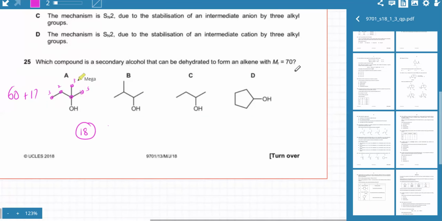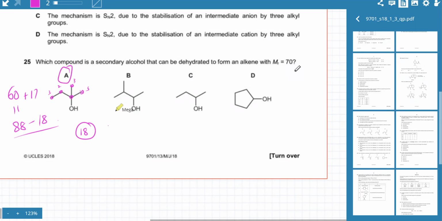So that's 3 plus 3 is 6, plus 3 is 9, plus 2 is 11. So what is the total Mr? That's 88. And then you have to remove the water. So that I think is 70, that's exactly giving you 70.